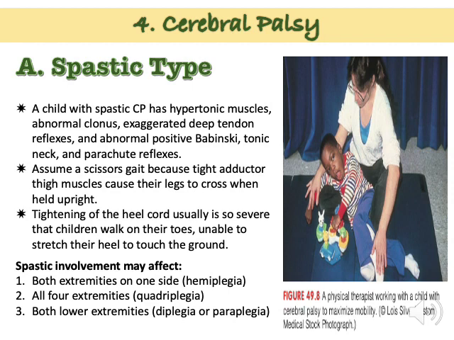Second is involvement of all four extremities, quadriplegia. There is impaired speech. Usually, you call it pseudobulbar palsy, but they may or may not be cognitively challenged. Swallowing is also difficult for them, so they drool.